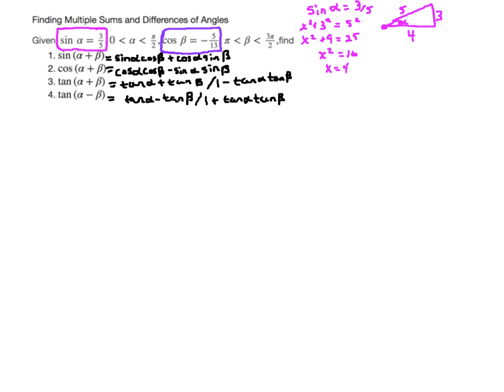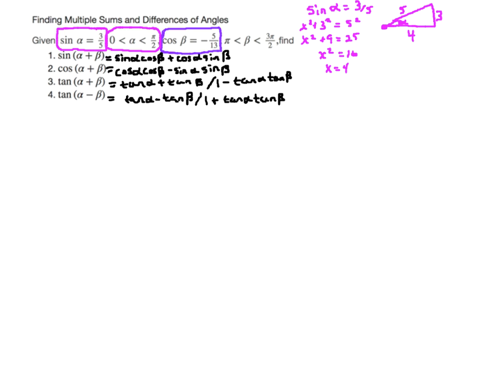If you consider this point right here to be the center of the circle, then that is a positive x distance there. And we're given the restriction that alpha lies between 0 and pi over 2, so that's between 0 degrees and 90 degrees on our circle. So that triangle lives in the first quadrant.